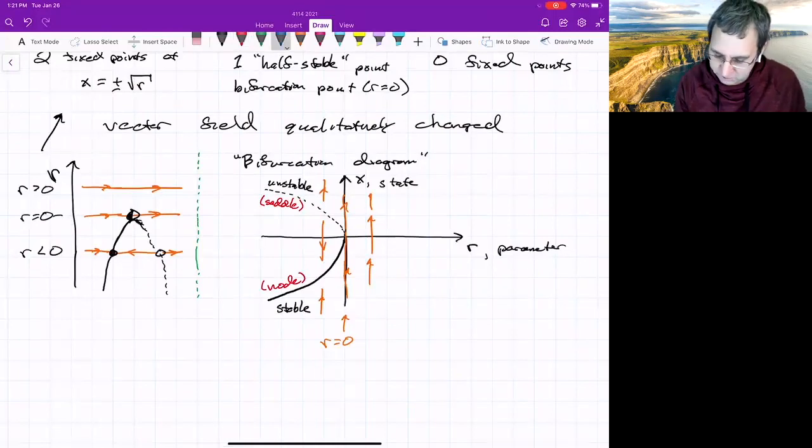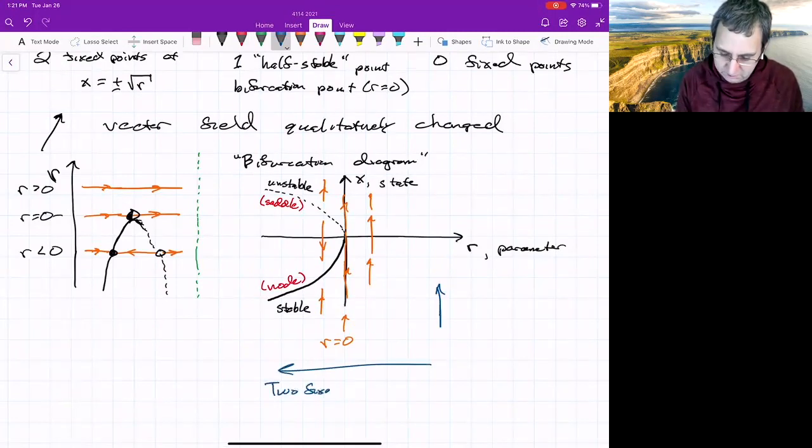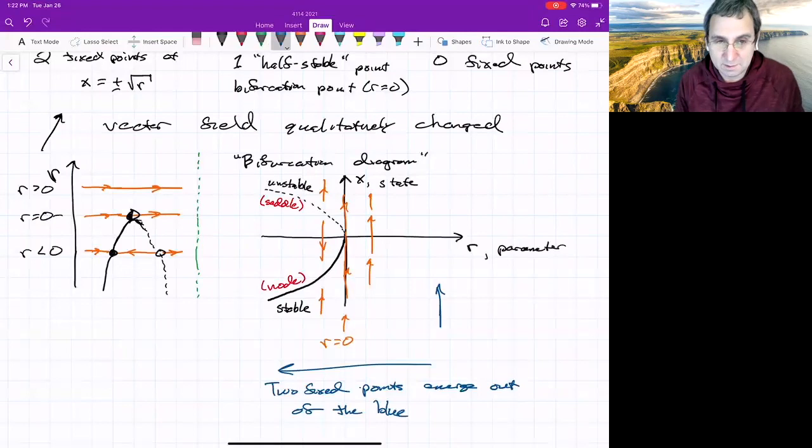But if you were starting somewhere over here with R positive and then kind of going this way, it looks like 2 fixed points emerge out of the blue, or out of the blue sky.